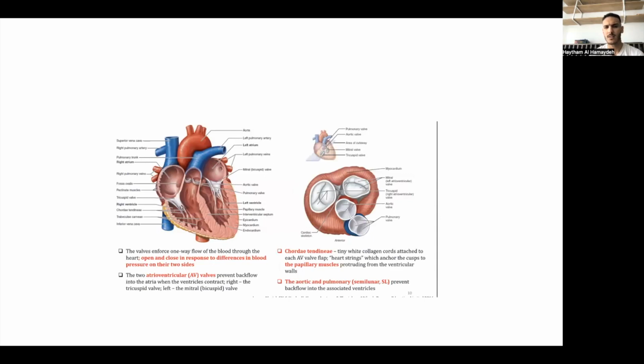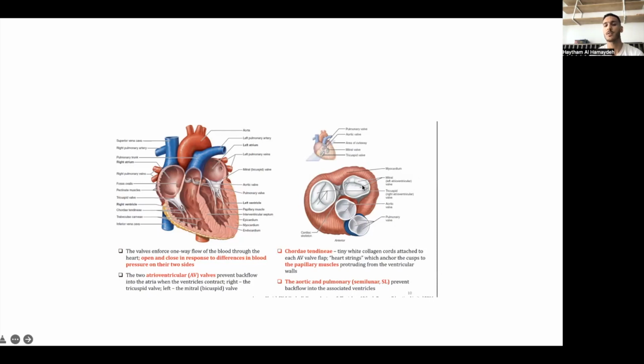So, the structure of the heart in general and the valves that are involved. The valves that separate the atria from the ventricles are called the atrioventricular valves, and the valves that lead towards the pulmonary artery or the aorta are the semilunar valves. The atrioventricular valves are the bicuspid and the tricuspid.